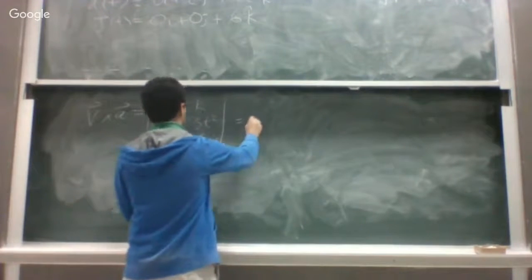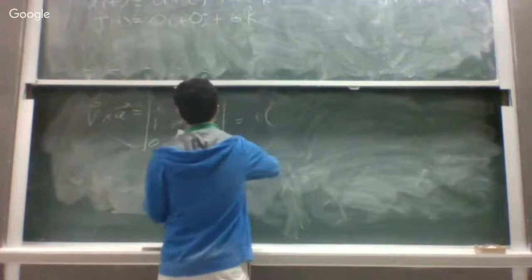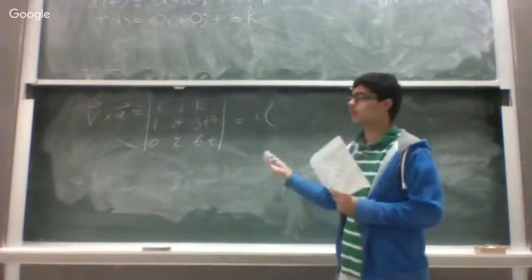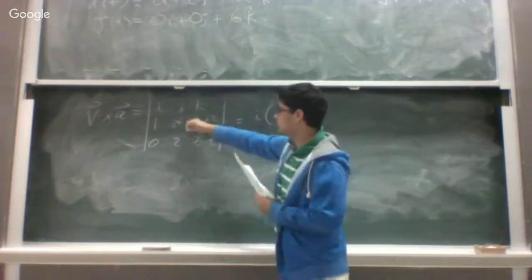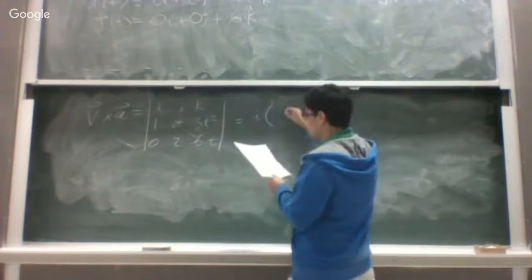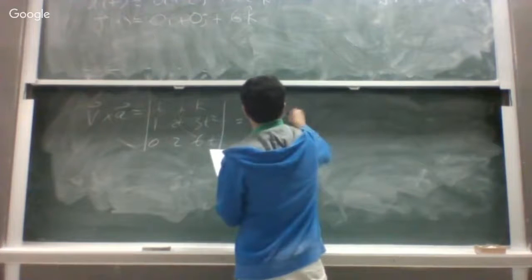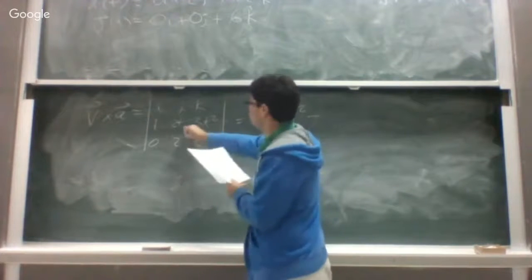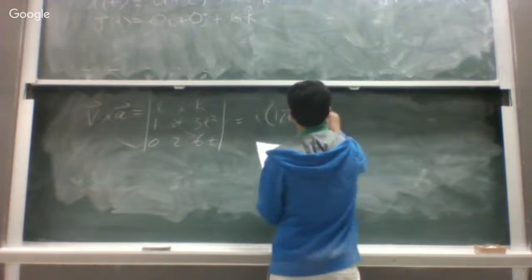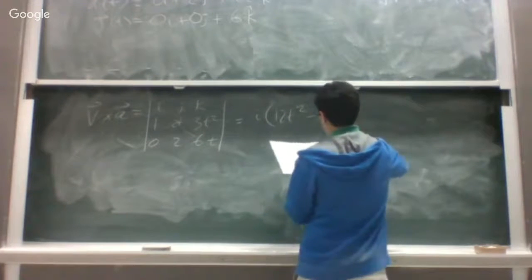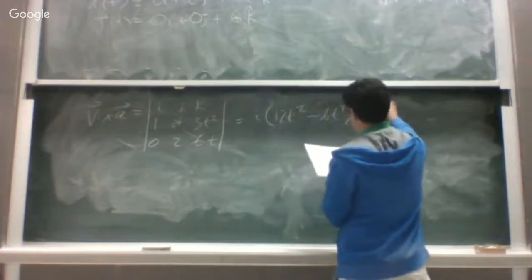So this is equal to i times the component 2t times 6t. You go across, so we have 12t squared minus 3t squared times 2, 6t squared. Then you subtract the j component.